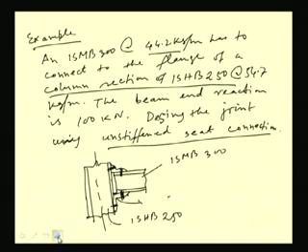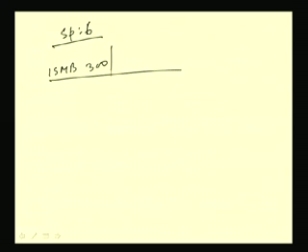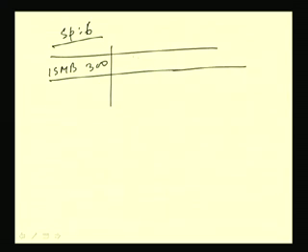So, for finding out all these details, first we will see from the codal provisions, from the handbook SP 6. From SP 6 we will get for ISMB 300 the flange width is given as 140.